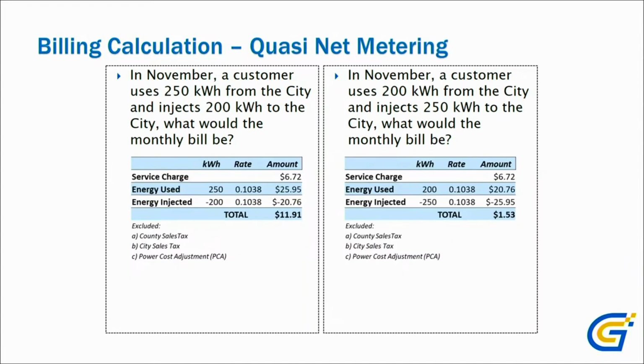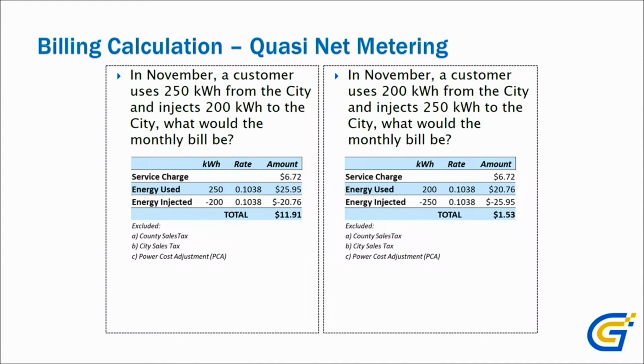The quasi net metering is something I came up with to use both the net metering concept and the net billing concept. So using the quasi net metering, the actual rate is the same for injected and used. So you're actually comparing energy to energy. You're not derating your energy.